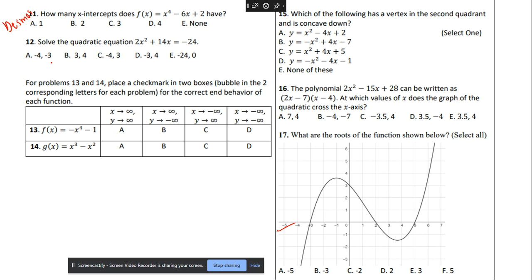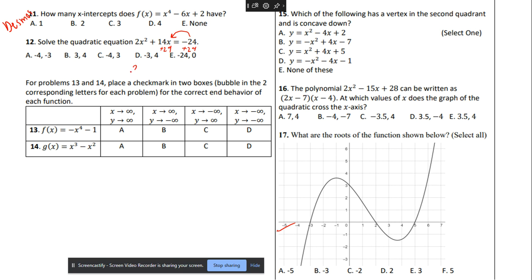Number 12, solve the quadratic equation. This one looks really, really terrible. It's not as bad as you might think. Okay, you can actually graph this one also by making it a quadratic. All you need to do is move this negative 24 to the other side by adding 24.